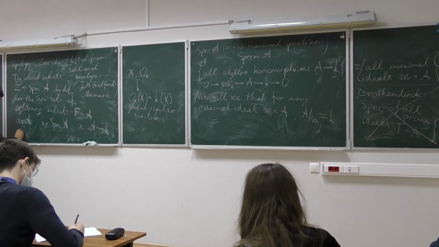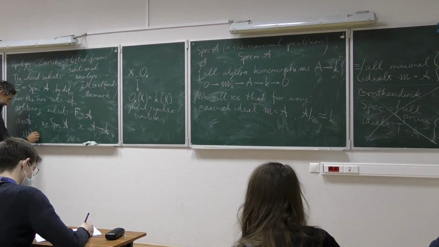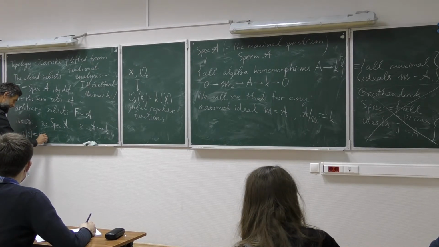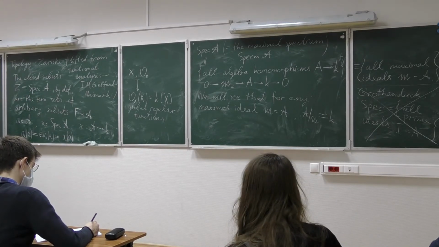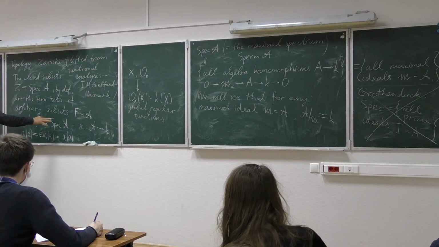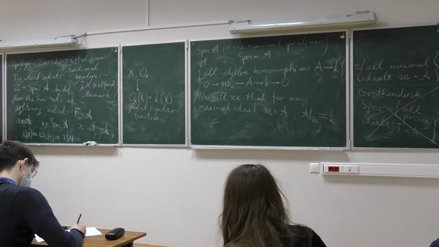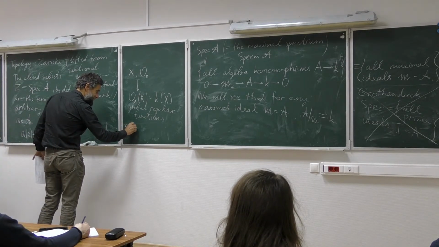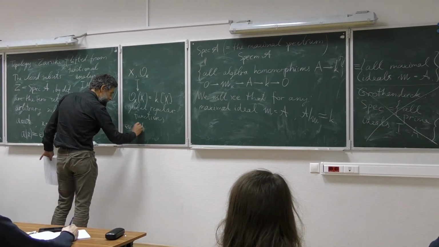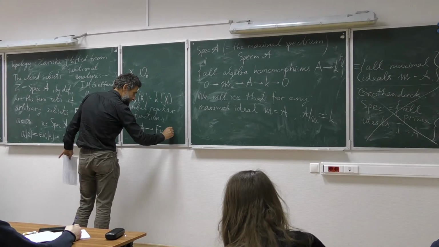Say a of x, just by the very definition, is the same as evaluation at x of a, and by the very definition, this is just x of a. Okay? So you somehow view your original algebra as the functions on its own spectrum. So this evaluation is a map from A to all functions on the spectrum.